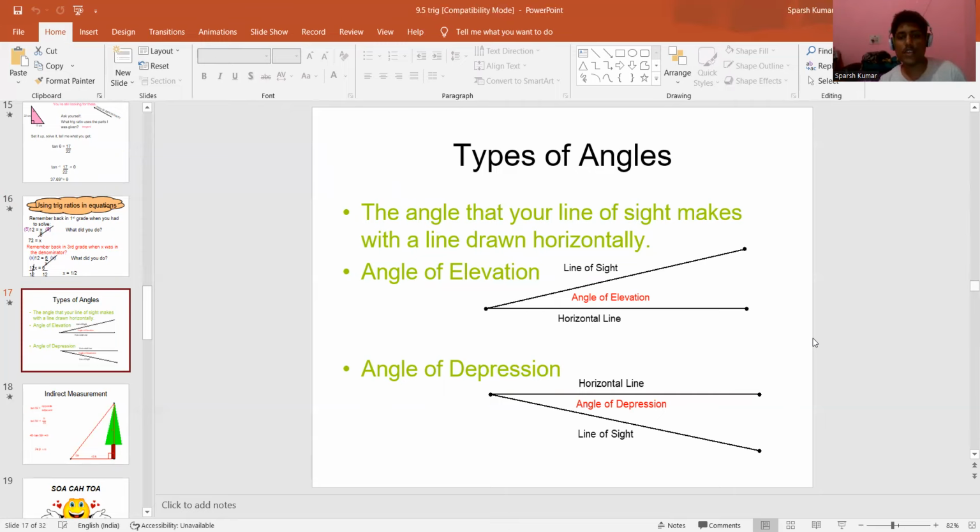If you are looking at the top of the tree, the line from your eyes to the top of the tree is known as the line of sight, and the angle swept from the horizontal to the line of sight is known as the angle of elevation. In similar fashion, if you are looking at something below the horizontal line, then that angle is known as the angle of depression. Angle of elevation can be used to find the height of a tree, building or anything.